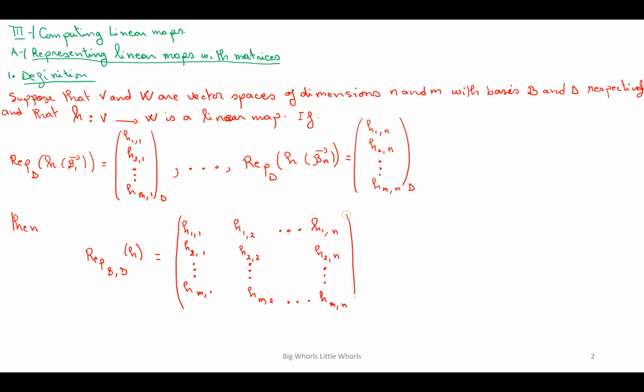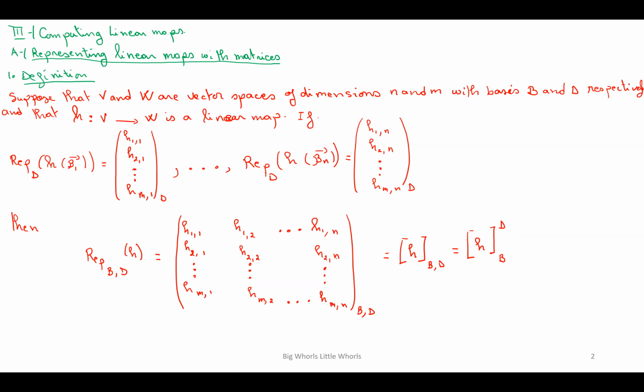So this matrix, instead of writing Rep_BD of h, we can also write it with square brackets as [h]_BD, or some authors write it h_BD. It doesn't matter.